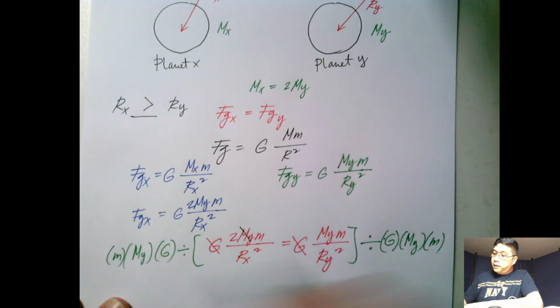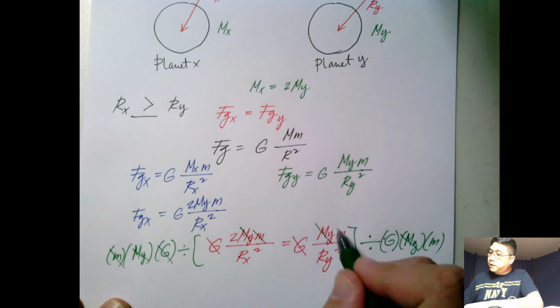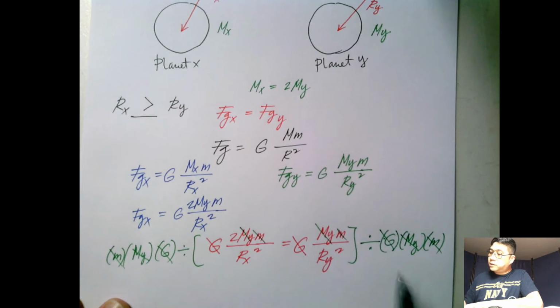So m sub Y cancels, G is canceled, and m cancels.